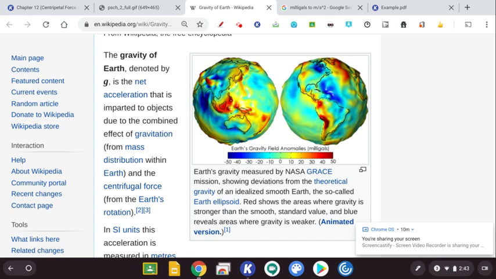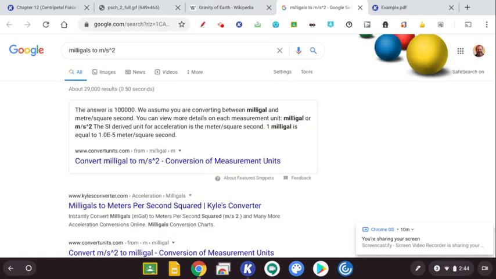In fact, as you head down the Rockies, you can see that down in the very southern parts, actually probably those are the northern Andes in South America, we are seeing a very, very high level of gravity. This is measured in milligals. It can be converted here. You can see that 1 milligal is equal to 1 over 100,000, or 1 times 10 to the negative fifth meters per second squared.